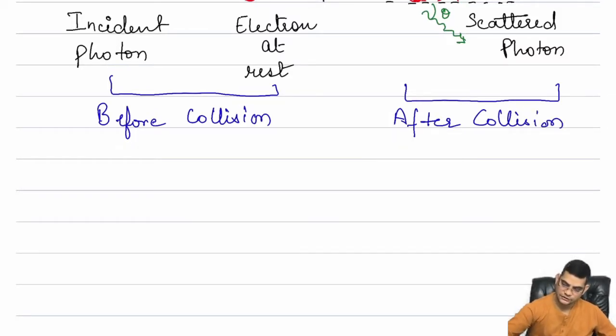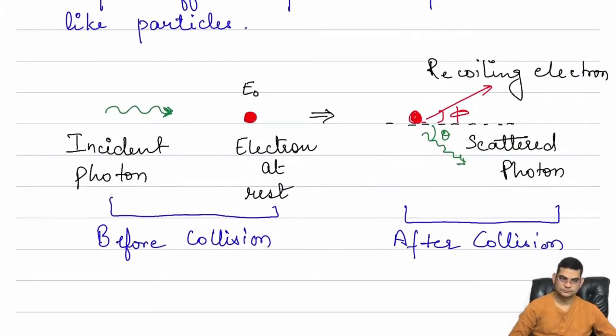If the rest mass energy of the electron is E naught, and the momentum and energy of the incident photon are represented by P and E, where E is equal to h nu by the Einstein equation, then the momentum of the scattered photon is represented by P dash, and its energy E dash is equal to h nu dash.